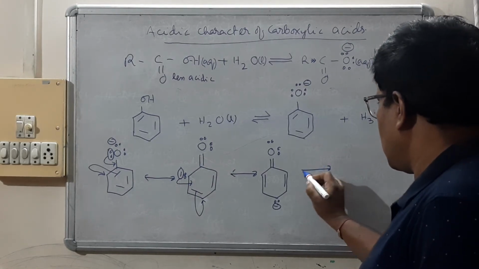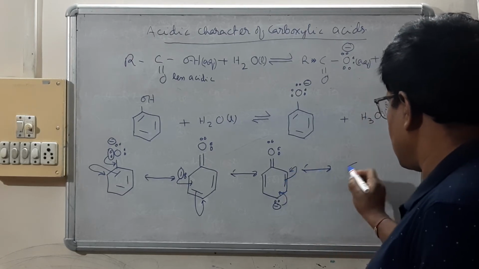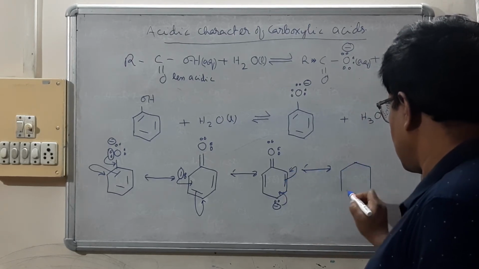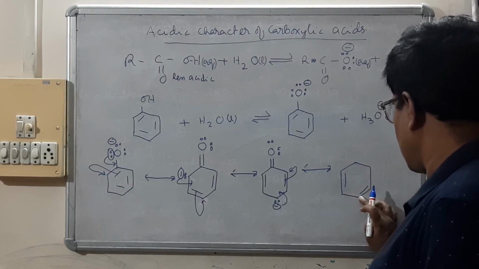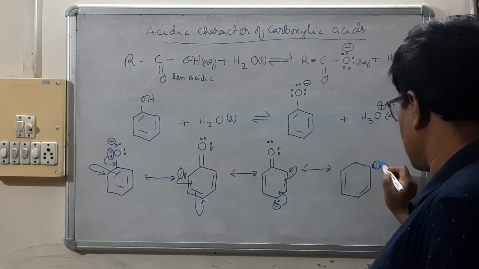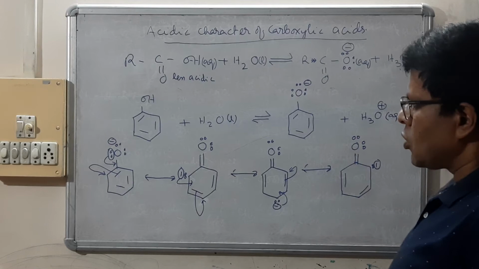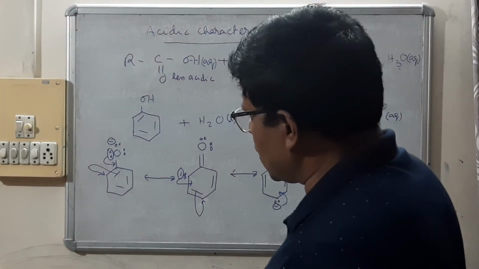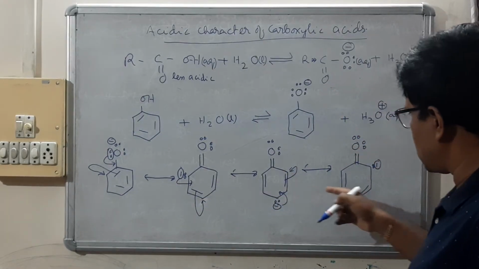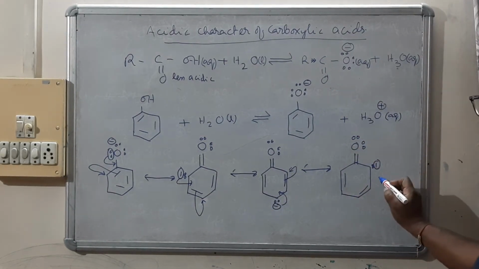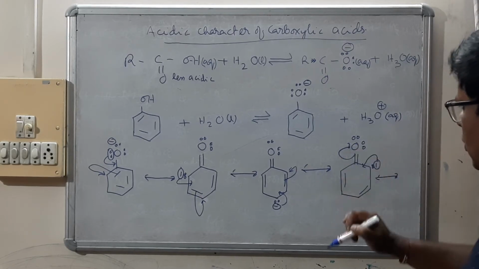This way it will go on. Next it will come here. So we see from these resonating structures that the negative charge is nicely spreading to different positions, and finally it will come here and go back. The negative charge is spreading.